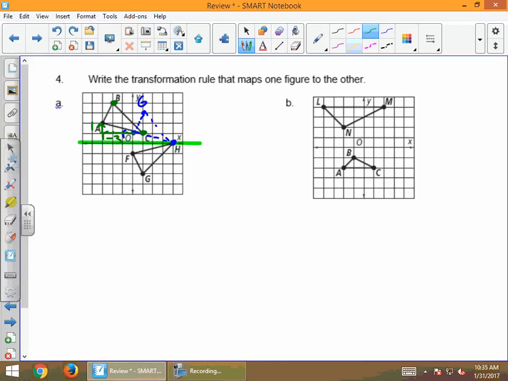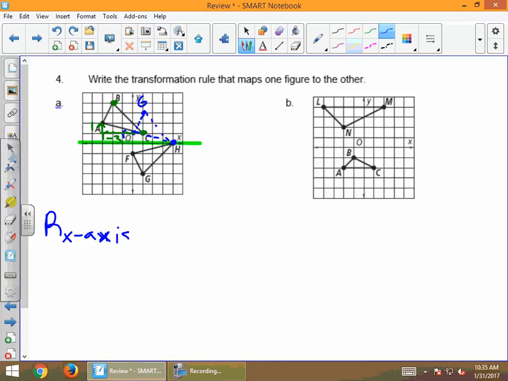Now we have to write those rules. I'm not super concerned with the super fancy way. If you can just tell us the rules and which shape you moved using those rules, we're happy. But the proper way is, what transformation did we do first? A reflection. What do we use for reflection? Capital R. What do we reflect over?